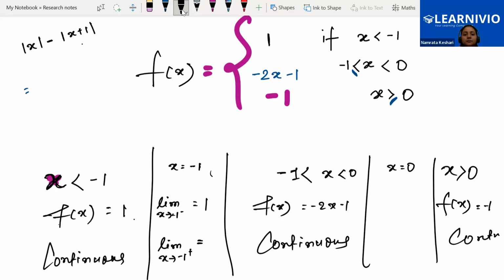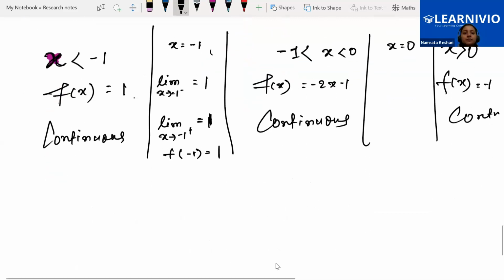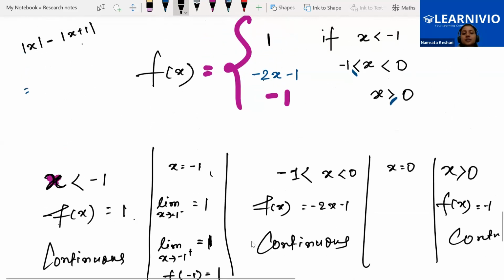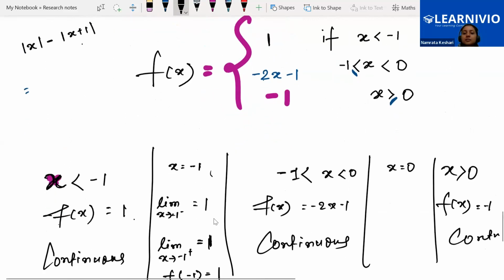So if we substitute -1 in place of x, it will be +2 -1, that is, the result is 1, right? Yes. And the function's value at -1 is also just 1, right? Yes. Hence we can say it is continuous at -1, right? Yes. What about at x equals 0?